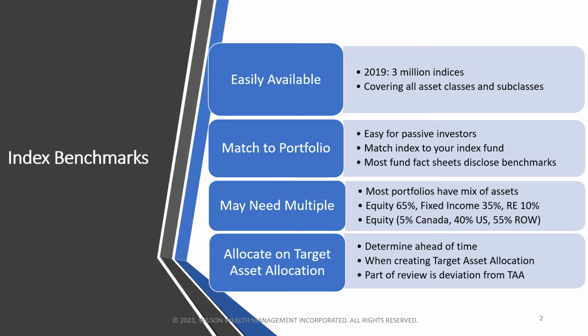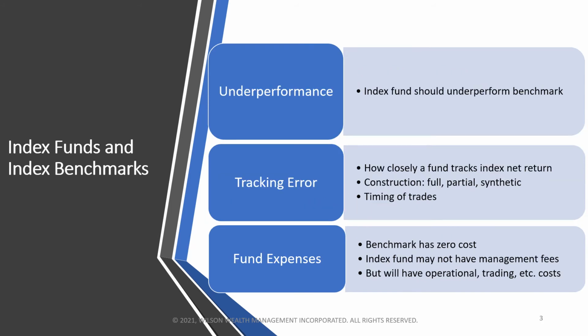index benchmarking. Now, the one thing I'll say with the index funds and the index benchmarks is that your actual performance should, and probably will 95-99% of the time, underperform the benchmark.